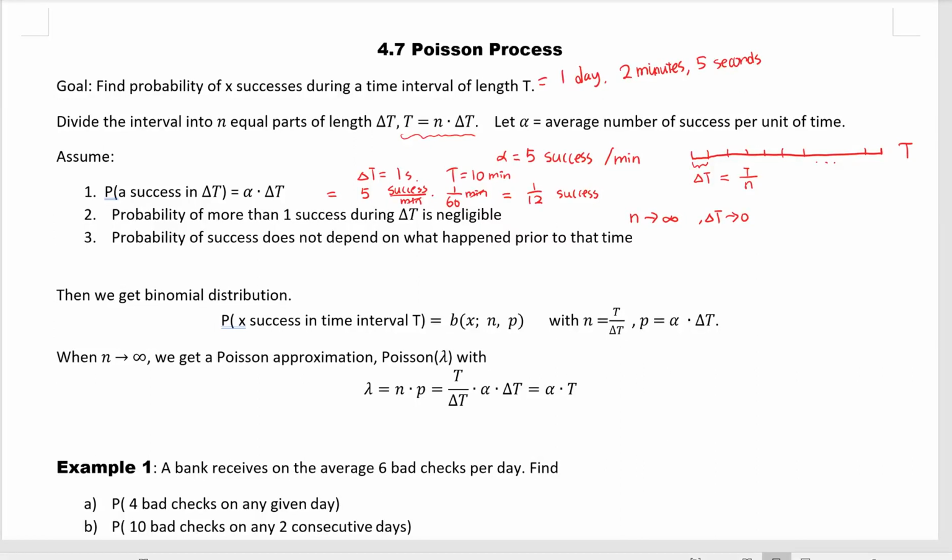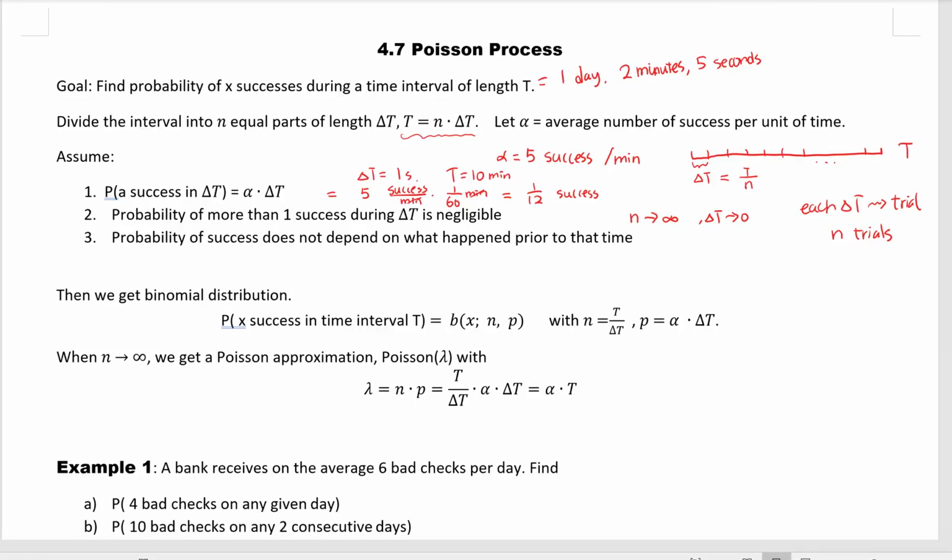Okay, so now you can think about what we have constructed, and it becomes like a binomial distribution, because each change of t is like a trial. And here we have n trials, and we're looking for maybe k successes in n trials. Well, that is exactly the binomial distribution.